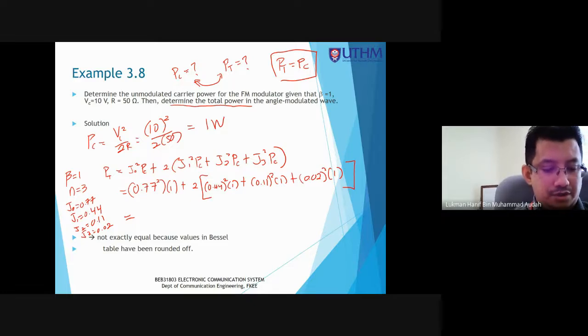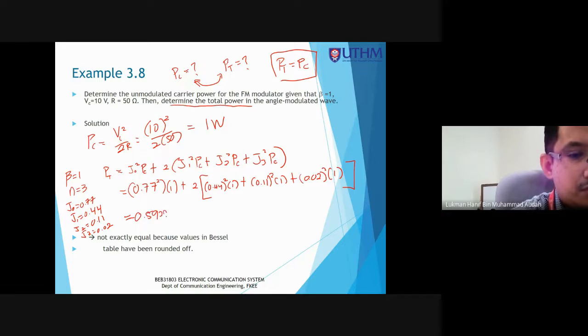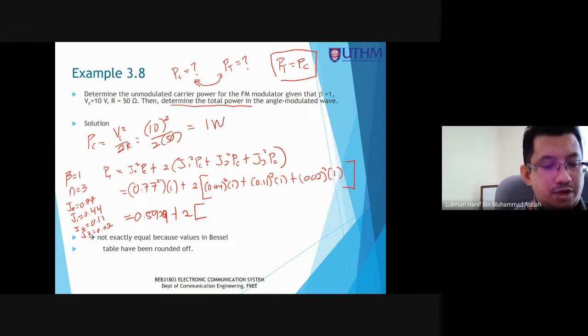So kalau kita kira 0.77 square, 0.5929, plus 2 times ini berapa? 0.44 square plus 0.11 square plus 0.02 square, so you get 0.2061, multiplied with 2, plus 0.5929.